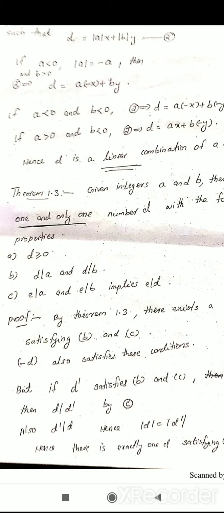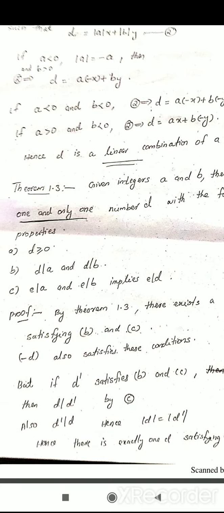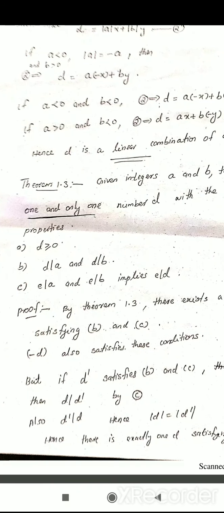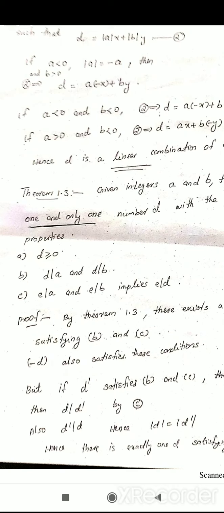So there are two divisors which satisfy B and C. But if D' satisfies B and C, then D divides D', and D' divides D. Then by theorem 1.1, we get |D| = |D'|. Hence there exists a unique D satisfying A, B, C.